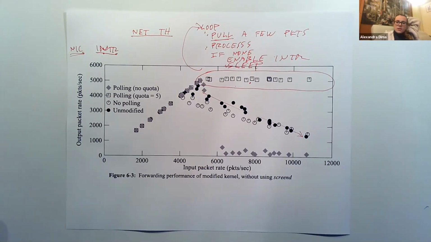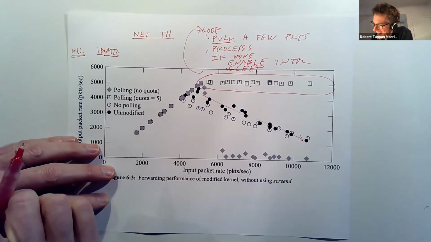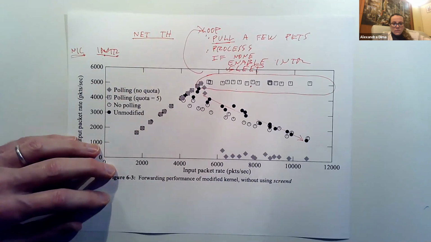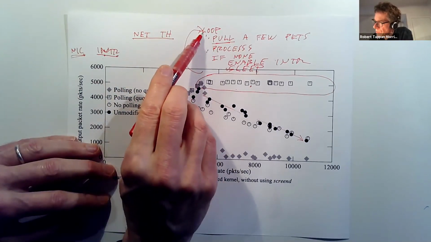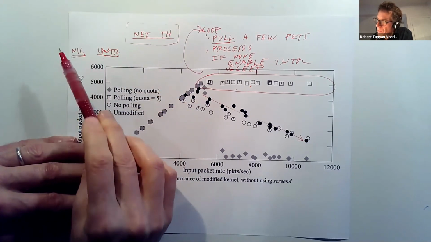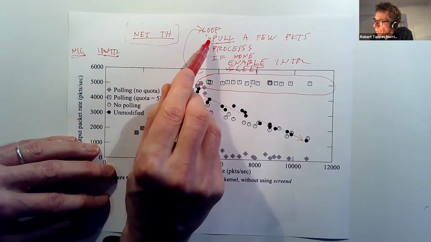I have a question. Is that loop looking at all of the devices or only the one that generated the interrupt? If there's multiple NICs... That's a good question. If there's multiple NICs, I don't actually know how the loop worked. A very reasonable design is for this network thread to keep track of, for every NIC, whether it's in interrupting mode or polling mode.